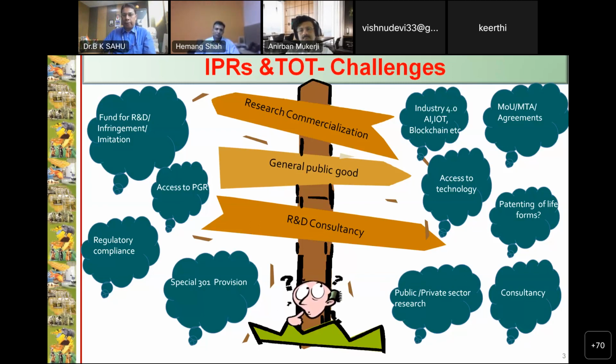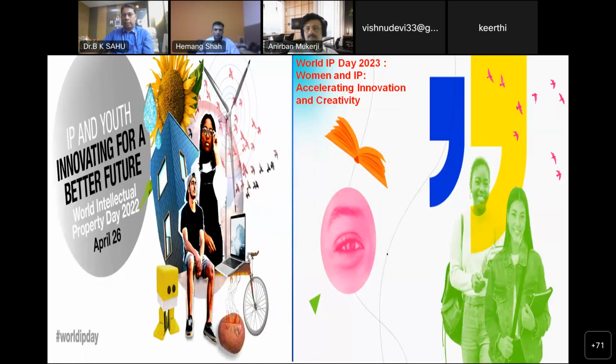That's why we are protecting, and acknowledging an inventor or innovator for his creativity in the form of IP, maybe patent, design, trademark, and others. How we are commercializing is very important: what kind of institutional parameters, what ecosystem, what validation, and what opportunities of collaboration. For this, we need to discuss.